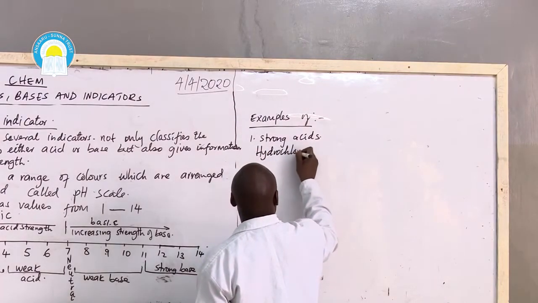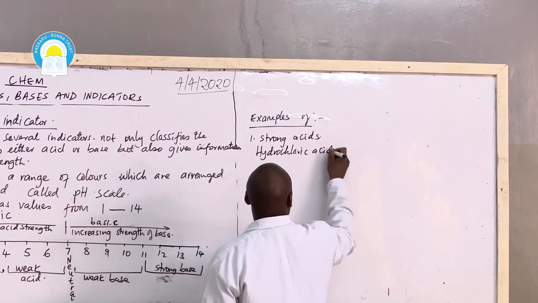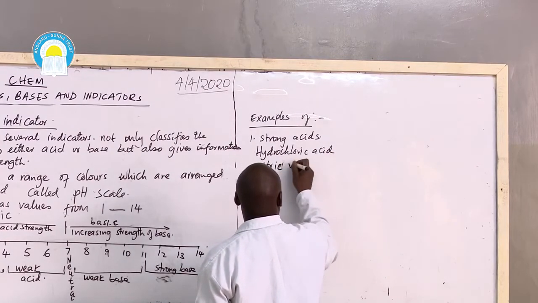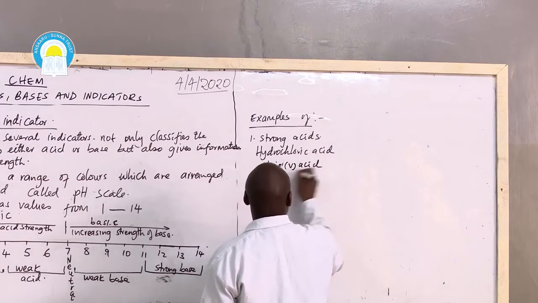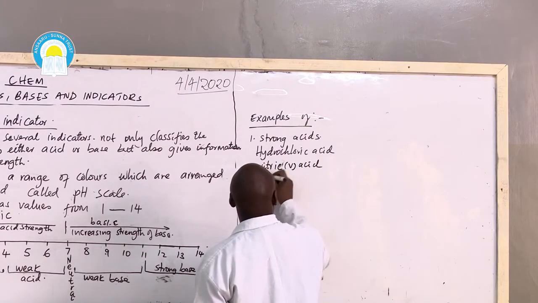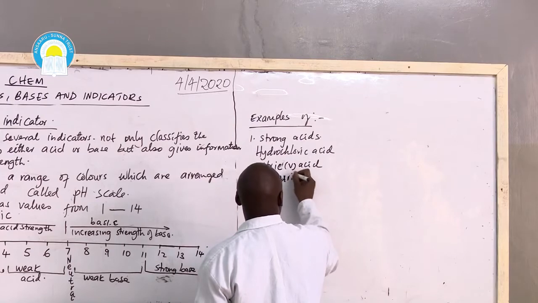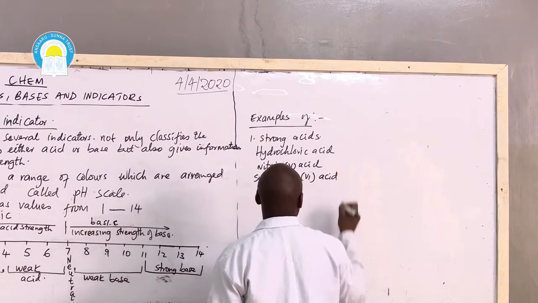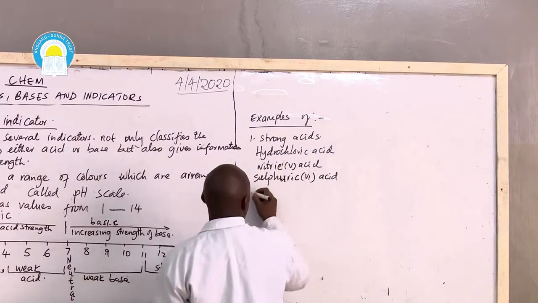We have seen, in fact, it has a pH of 1. We have nitric acid. We also have sulfuric acid. Those are examples of strong acids.